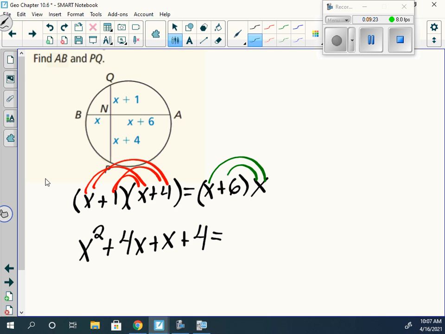Now, it doesn't matter which way we do it for the second one, because we can multiply x and then 6 to x, or we can do it the other way around. We will still get the same thing, because x times x would be x squared. X times 6 is going to be plus.